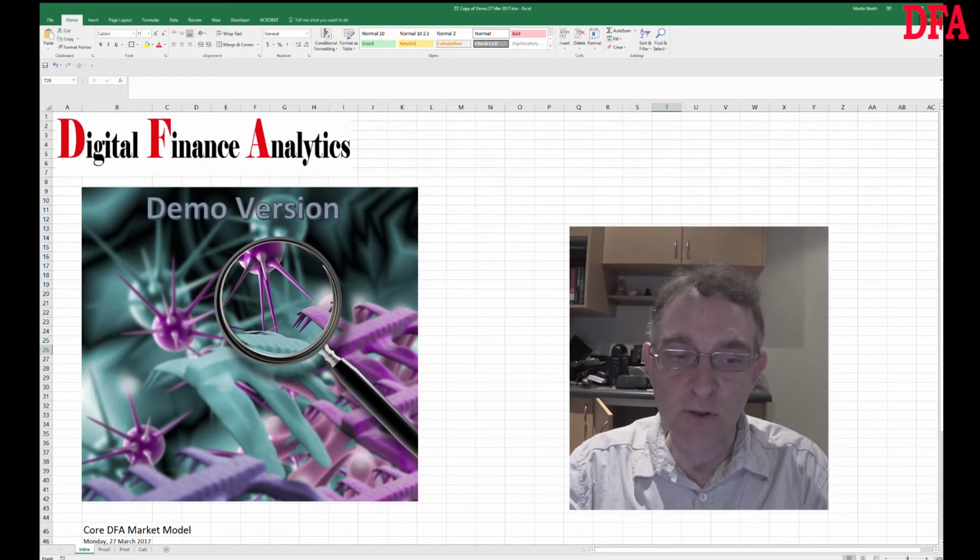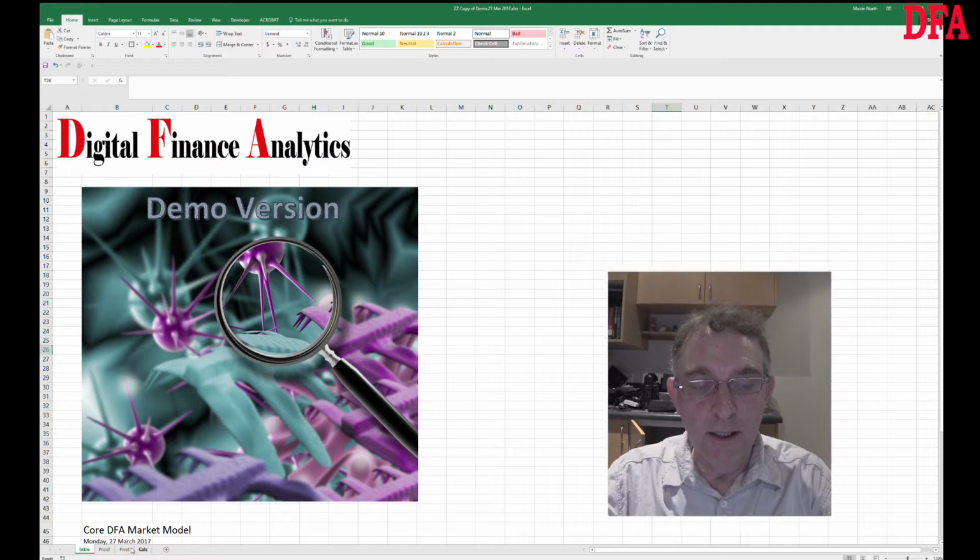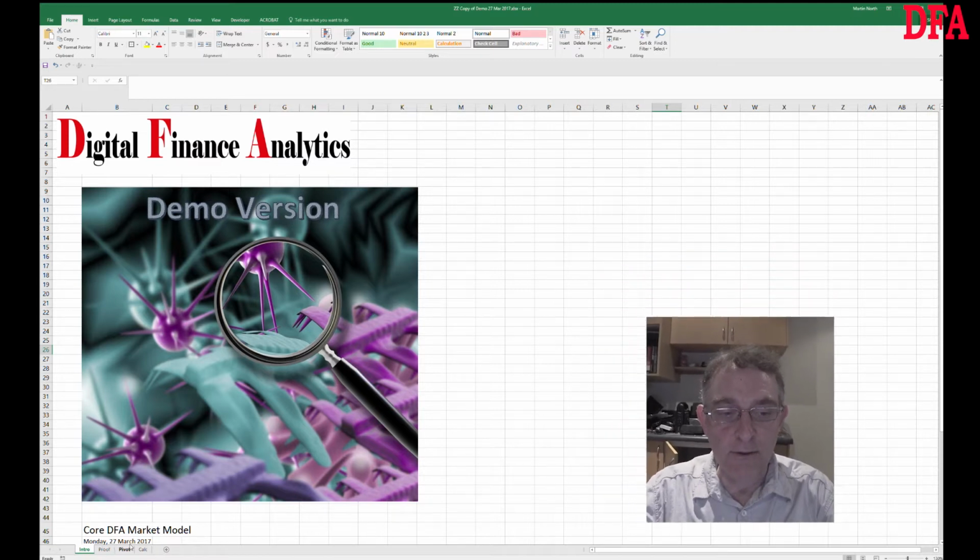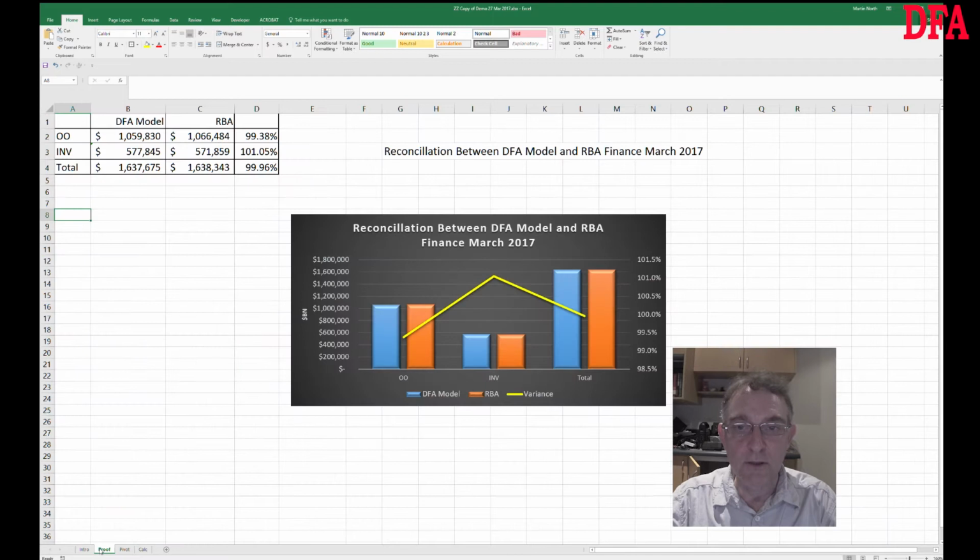Just to begin, let me show you the reconciliation that we use to show that the model is working as expected. On this chart, you can see the owner-occupied total of mortgages outstanding and investment mortgages outstanding from the DFA model. The total comes to 1.6 trillion. If you compare that with the latest RBA numbers, you can see that they are very close.